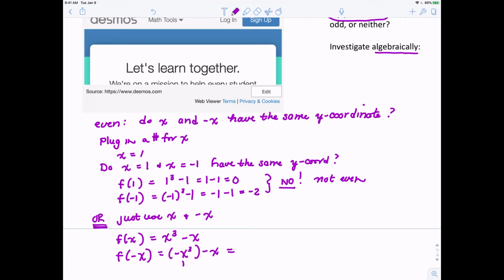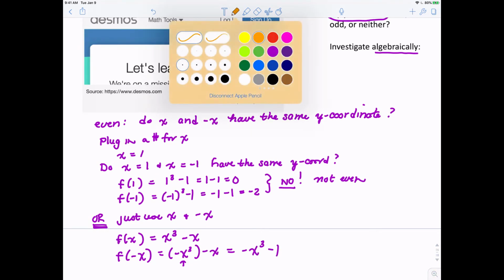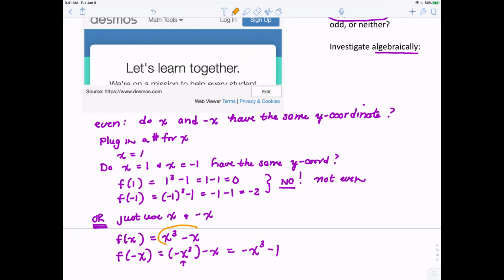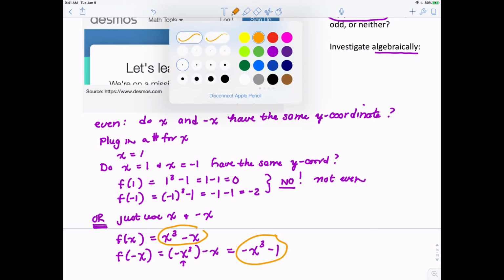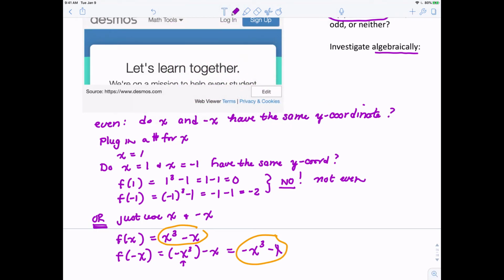Now if you cube a negative, the result is negative. And you can see now, if you compare these two expressions, f of x and f of negative x, they're not the same. And so the answer is no, it's not even.